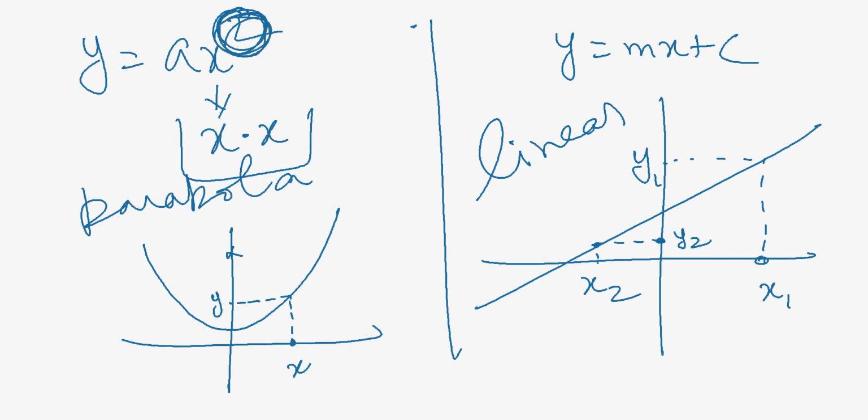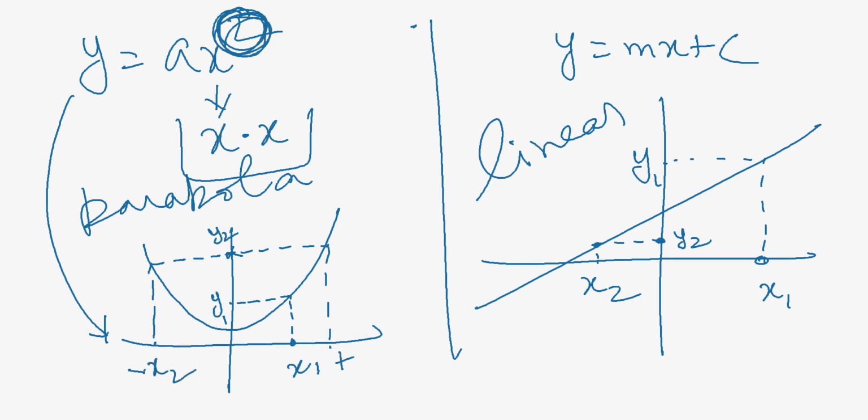But if you take one value of y, say x1 and y1, it can go meet the parabola in two different places. According to this equation, there is a minus x2 here and a plus x2 here. That is why for one value of the dependent variable, there are possibilities of two values for the independent variable.